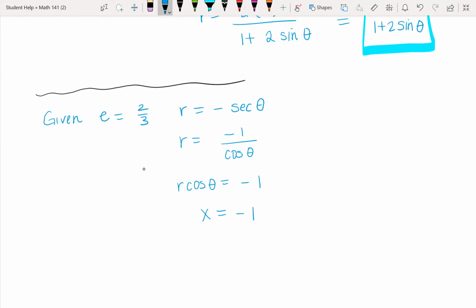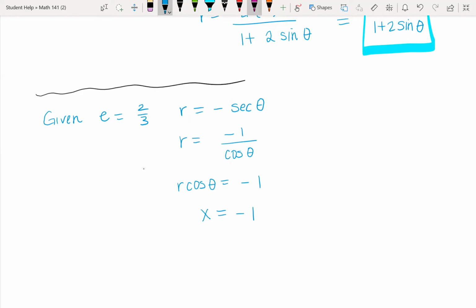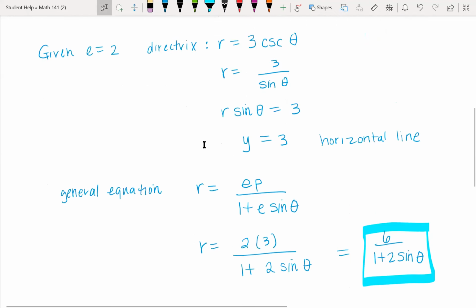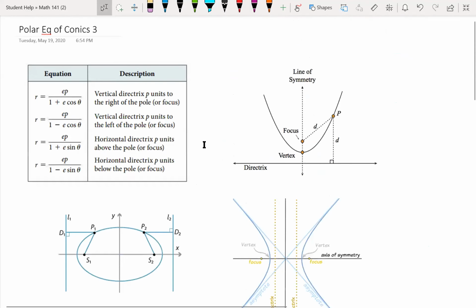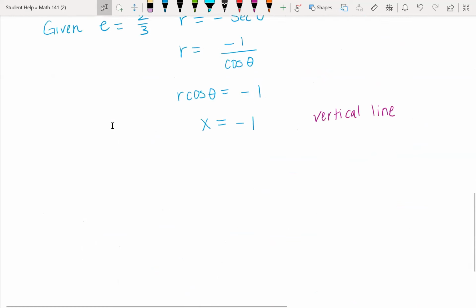So this is a vertical line. And because that's a negative number, it's going to be to the left of the focus point or the pole. And so we're looking at the second equation down, right? The second equation down that has a minus sign with the cosine. So that's the general equation that we're going to use.